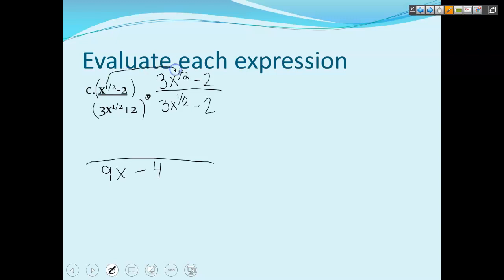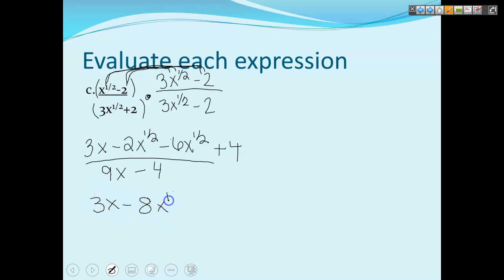So first, outer, inner, last. Combine like terms. You're done.